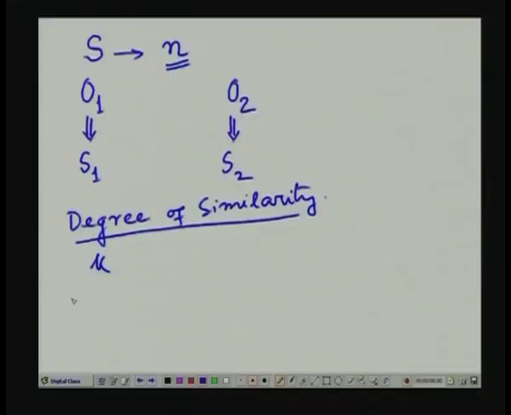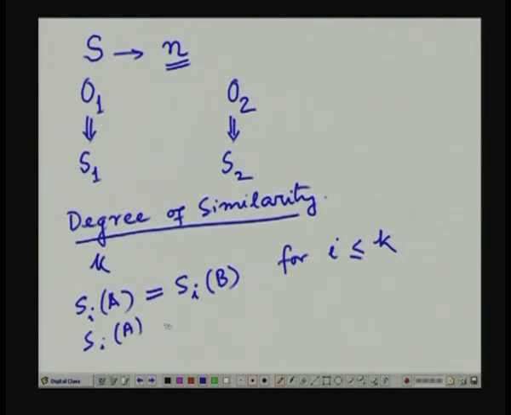So, I define this degree of similarity as follows. If S_i(A) is the shape number of object shape A of order i, and S_i(B) is the shape number of object shape B of the same order i, then S_i(A) and S_i(B) should be the same for all i less than or equal to K, whereas S_i(A) and S_i(B) for all i greater than K should not be the same.